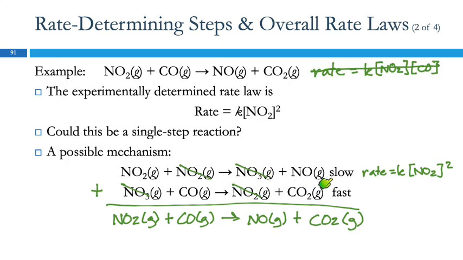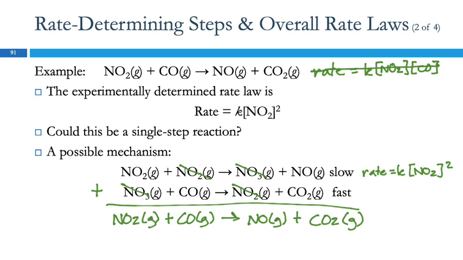This slow step predicts that this would be the rate law, and that matches up with the experimental data. So we're going to look at the slow step, and we can almost always figure out what the rate law is from the slowest step. It's not always this simple.